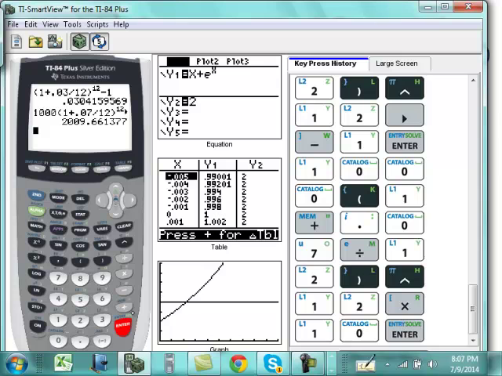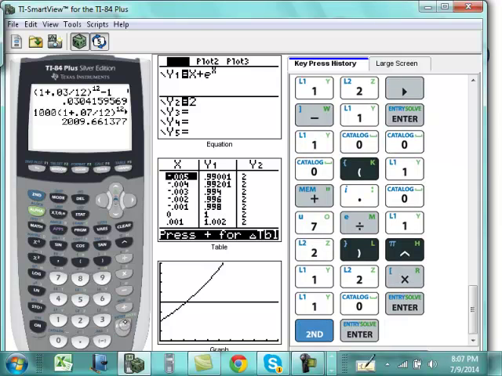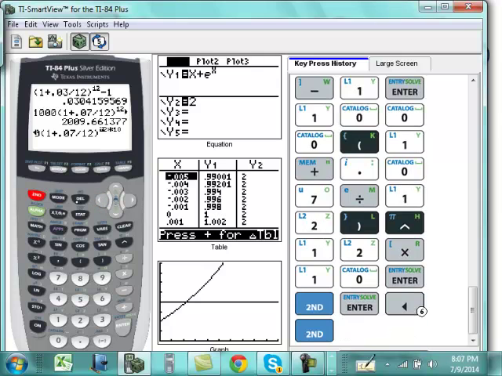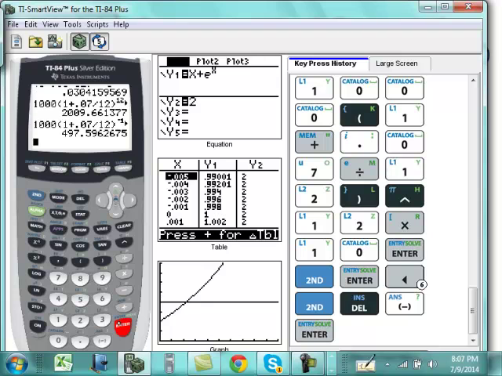Oh, that exponent's supposed to be negative, isn't it? So I'm going to go back in here and make sure I put a negative in front of my exponent. I'm going to do an insert, a negative sign. There we go. $497.60.